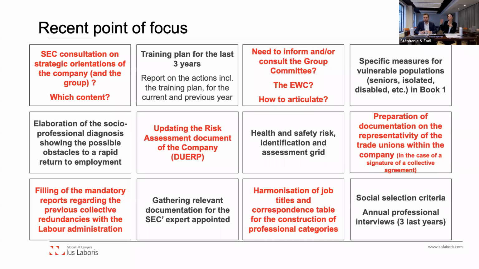And the second one is what they do, not what the skills are. That will help the labor administration to understand why you decided to split some job positions in different professional categories. It's very important to prepare this table. It's the minimum in order to obtain the approval of your plan.